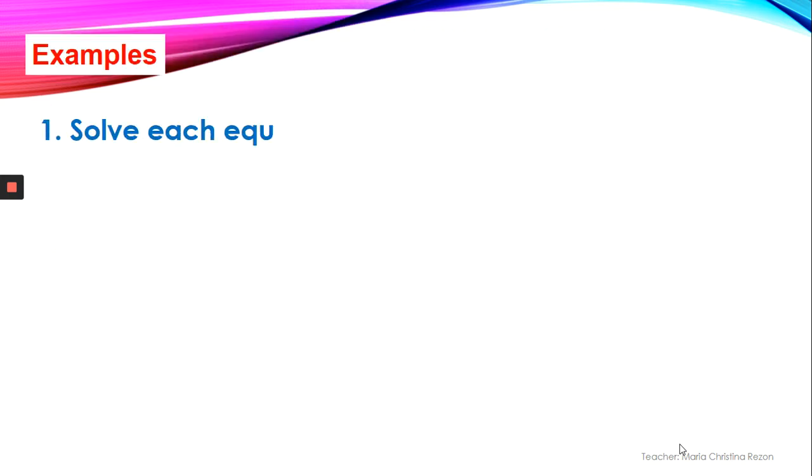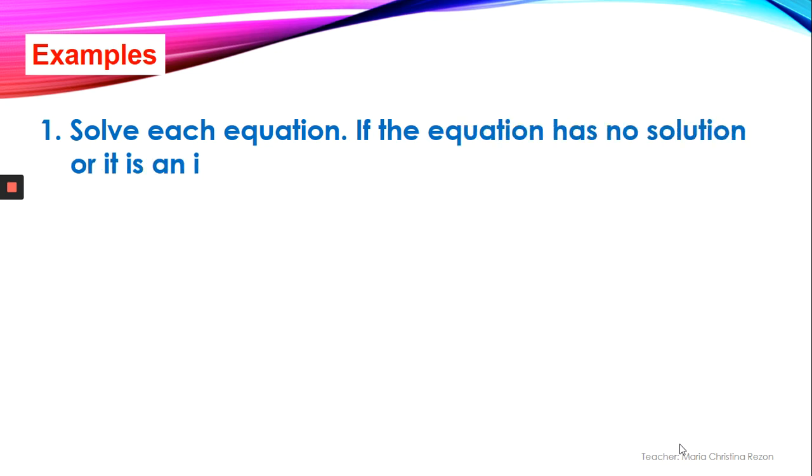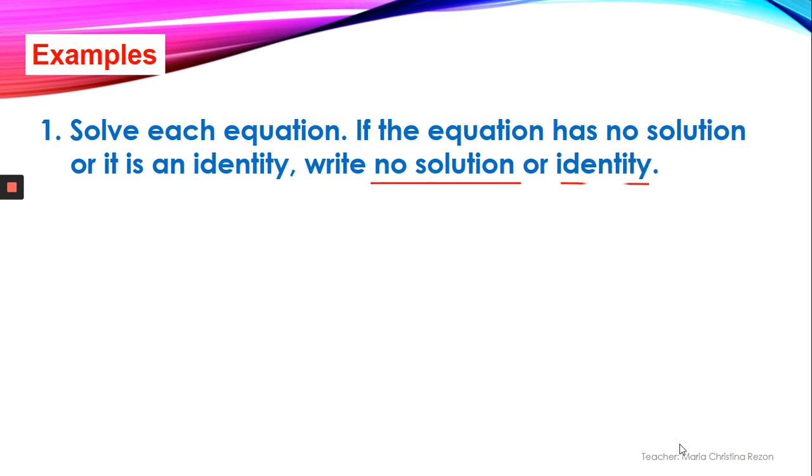Example 1. Solve each equation. If the equation has no solution or it is an identity, write no solution or identity. Letter A. 2 times the quantity of 1 minus x plus 5x is equal to 3 times the quantity of x plus 1.